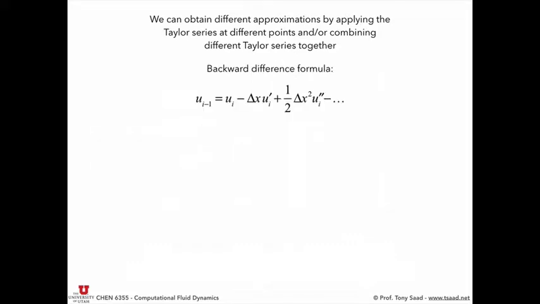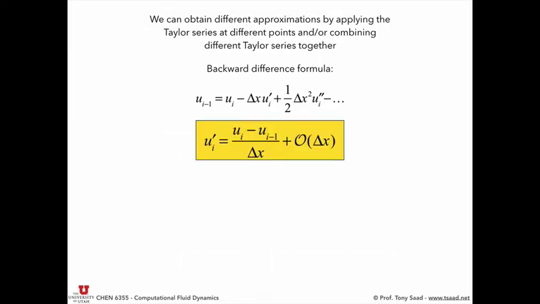So for example, the backward difference formula: rather than using I plus 1 and I, what if you want to use I minus 1 and I? That's if you're doing discretization at the boundary to the right, then you write the Taylor series at point I minus 1, and then you get your first derivative from this formula, and then you get the backward difference formula, okay? Now, what happens when you combine u at I minus 1 and u at I plus 1?